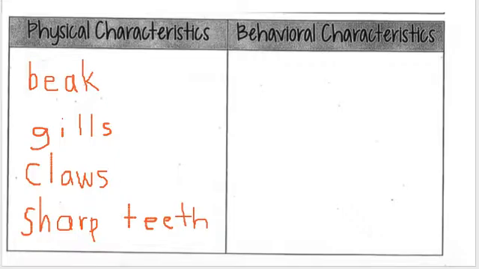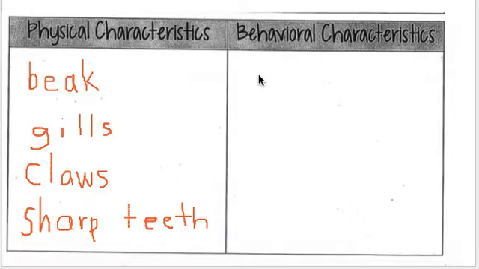See if you can come up with any before I go over the examples. All right, so let's think. In the winter, what do birds do to survive, where do they go?